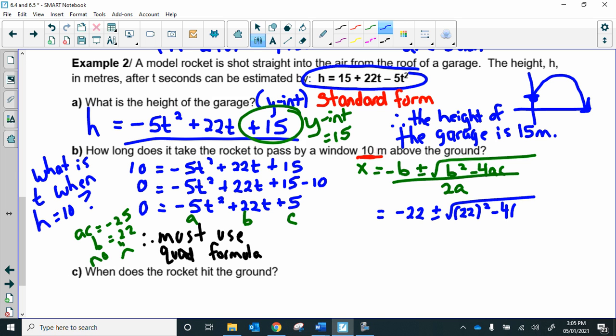Minus 4 times negative 5 times 5 all over 2a. I'm going to punch everything under that square root sign in my calculator at once, so I get 584.